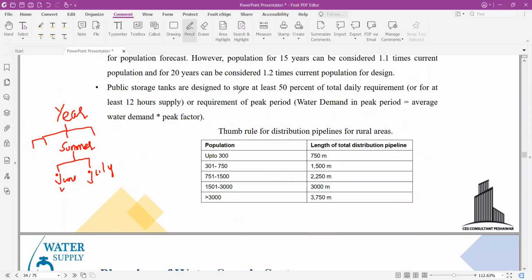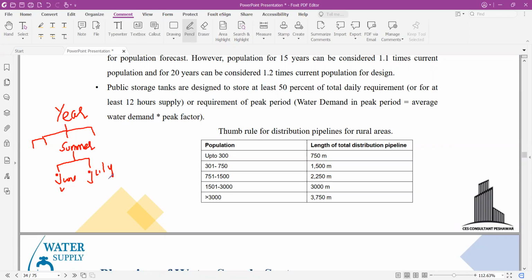And in these months, one day, or the week in that month, is very high in demand. So we calculate the peak factor in such a way that it represents the peak demand throughout the whole year. So we have to design for that peak demand.